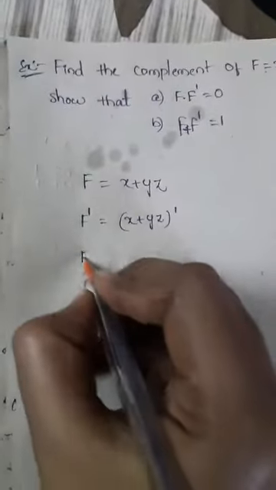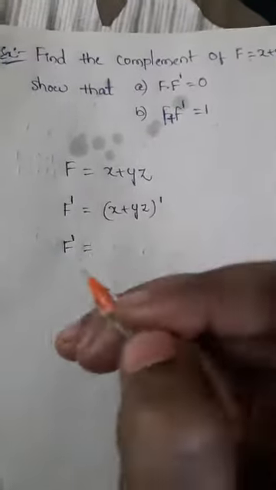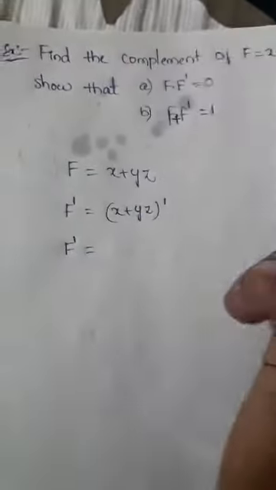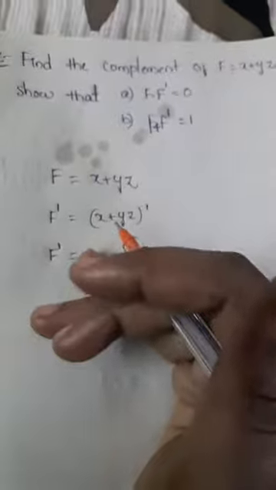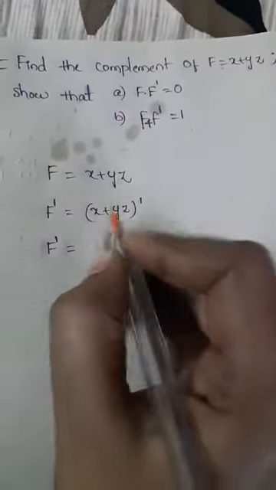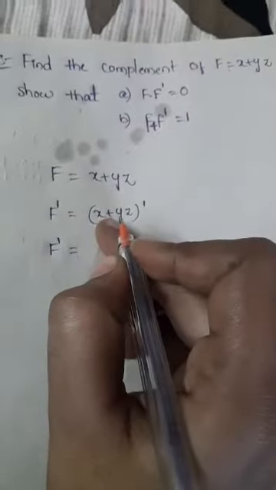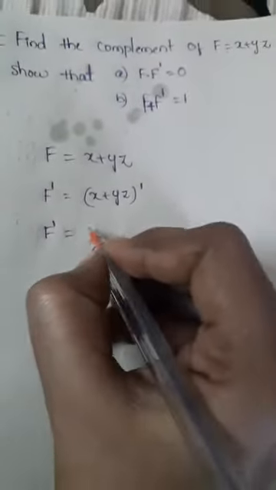What happens if you apply the complement to a function? Any OR function will be converted to AND, and any AND function will be converted to OR. Here this is an OR function, so I can convert it into an AND function by applying the complement.